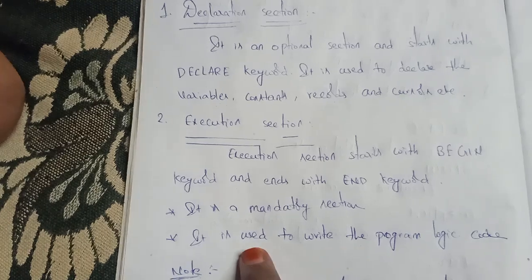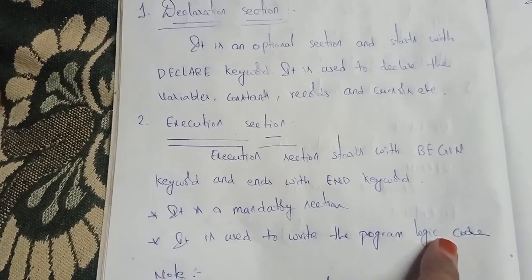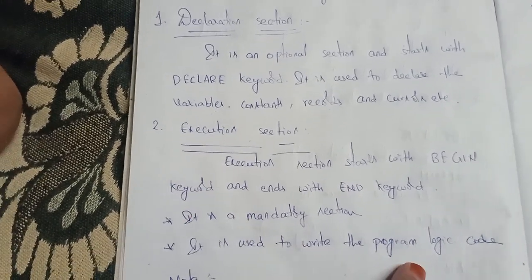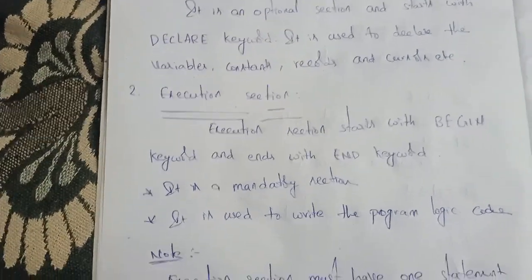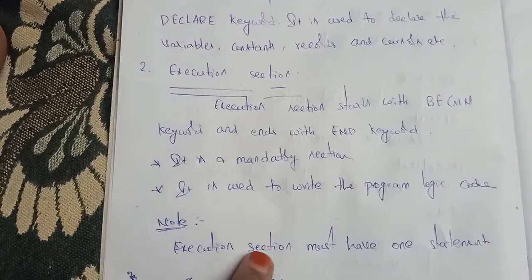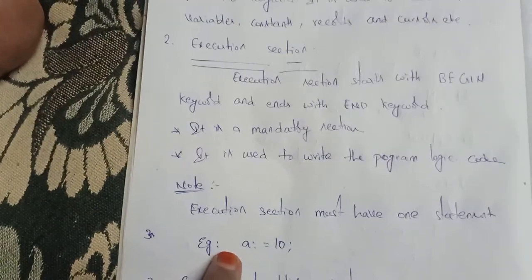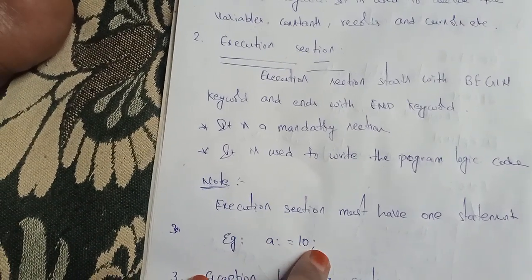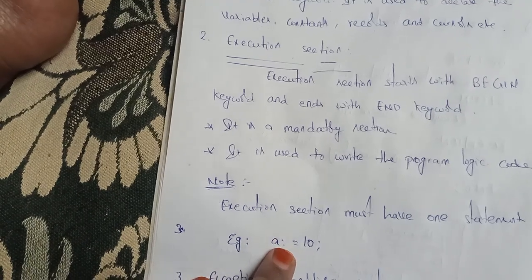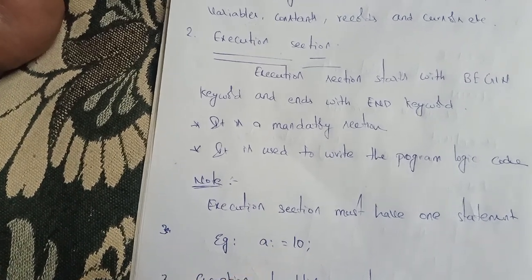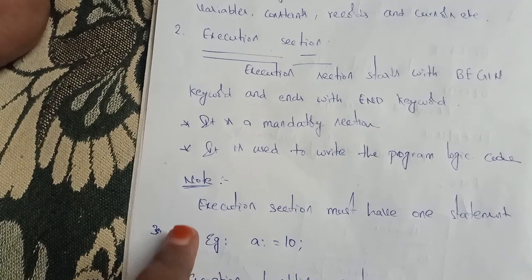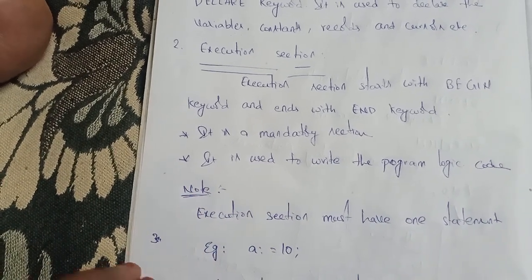It is used to write the program logic code. Note, the execution section must have at least one statement, like the example I provided: a colon equal to 10 semicolon. This is the execution section.